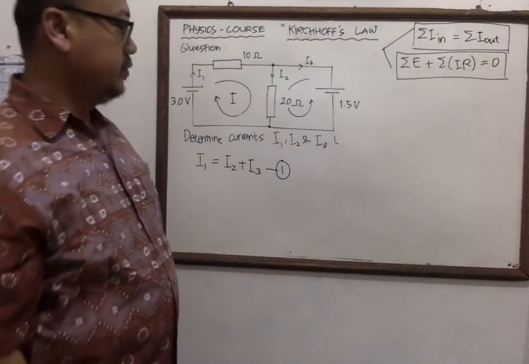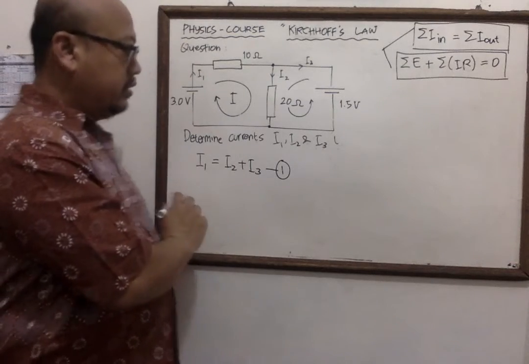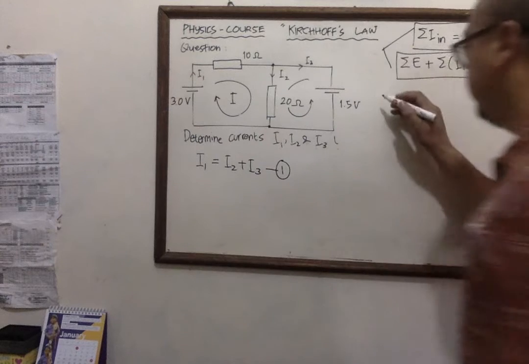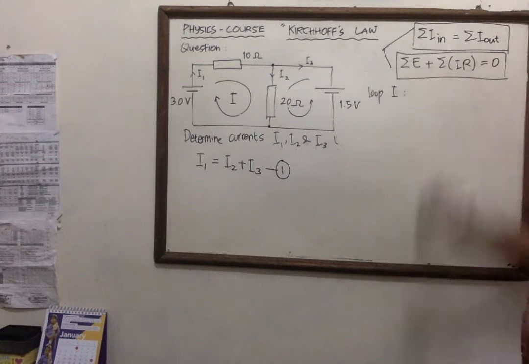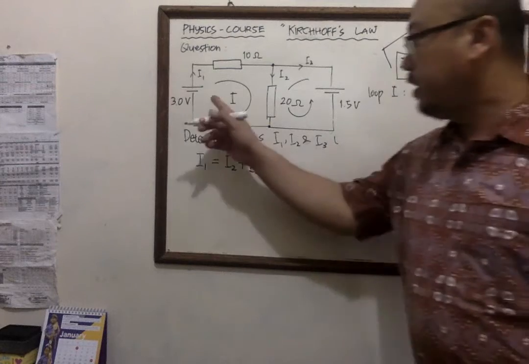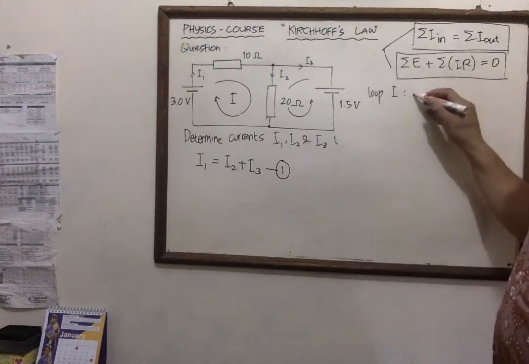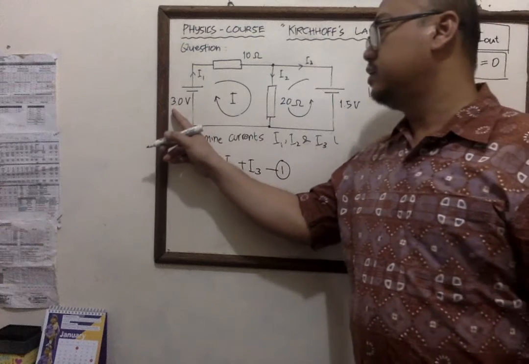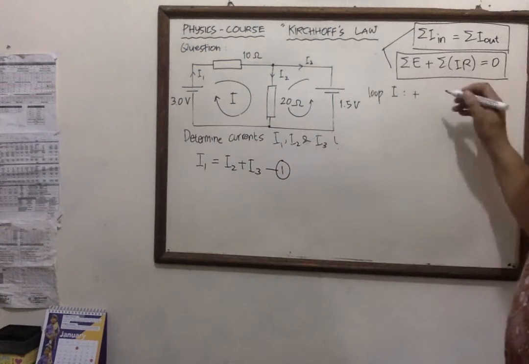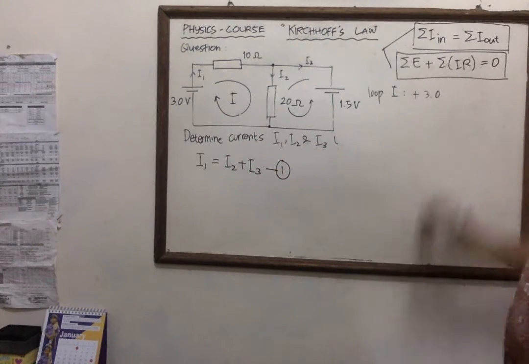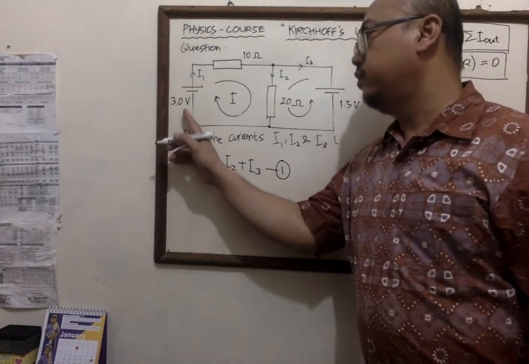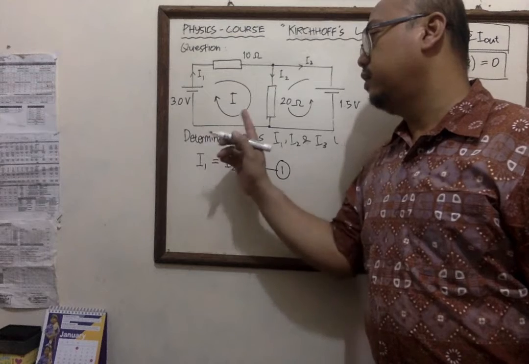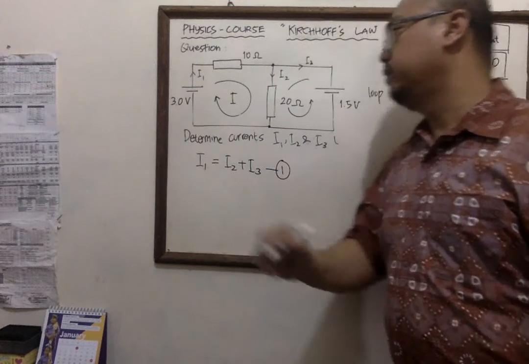In loop 1, the EMF is 3.0 volt, and in this loop there is only 3.0 volt, no other EMF.